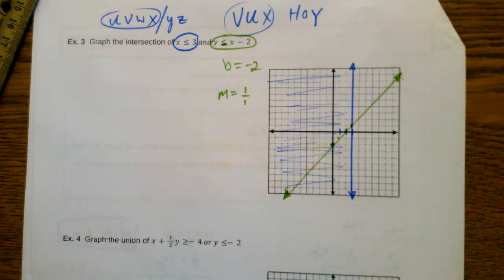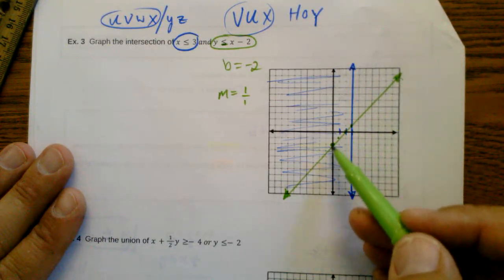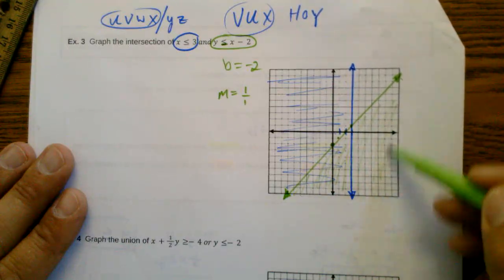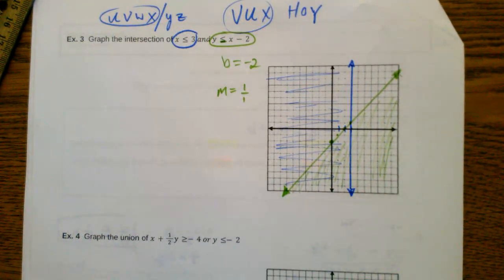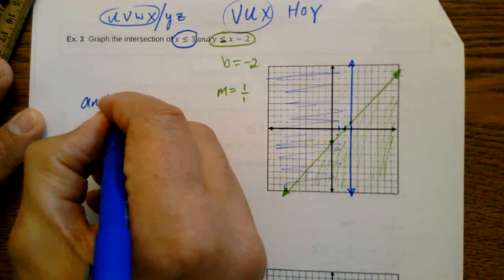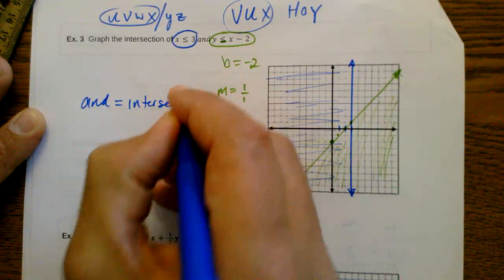And then I want the answers that are less than this graph. So in this case, less than is below that line, so I'm going to go below, below, below. The last thing I want to do is take a look, and it was given that it's and, which is the intersection of the two.